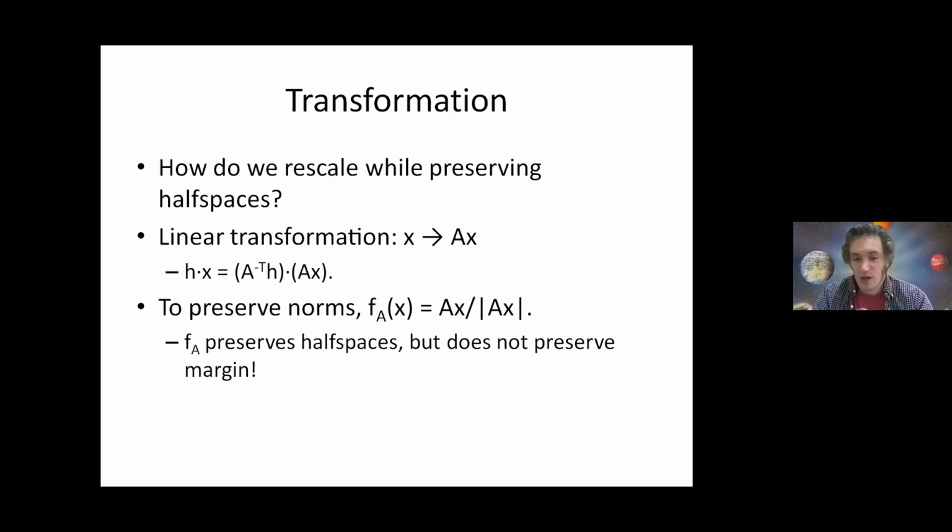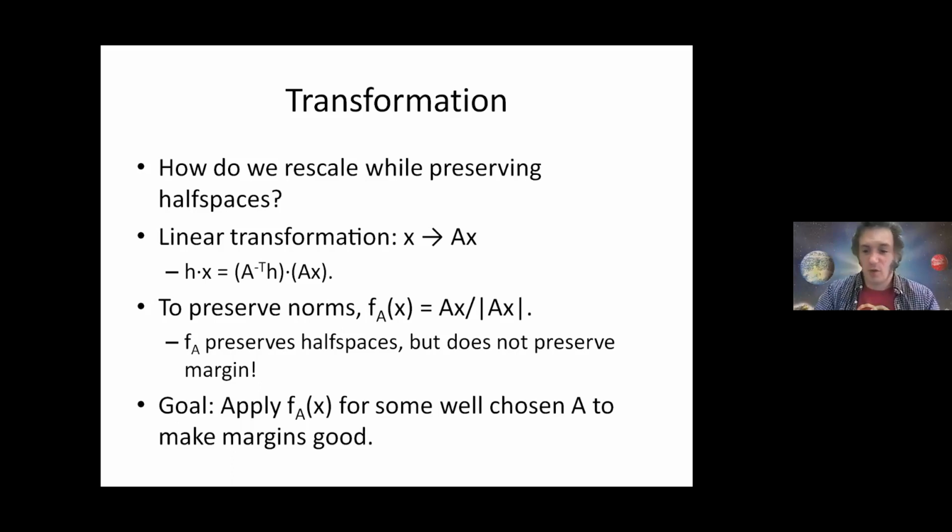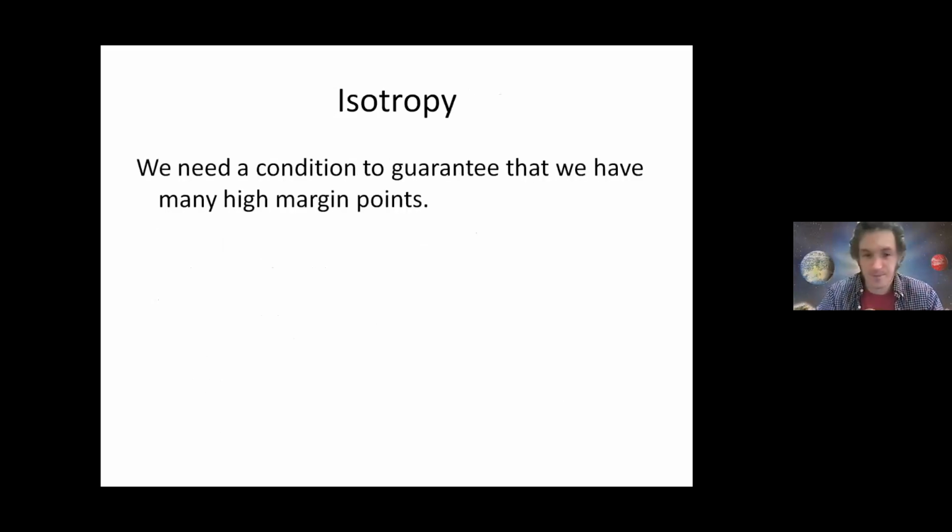And so the hope is that by applying one of these transformations, we can go from a problem where almost all of the points have incredibly low margin to some problem where that's not the case, where a good number of our points have large margin. So the goal is to apply this transformation for some well-chosen value of A to make the margins good.